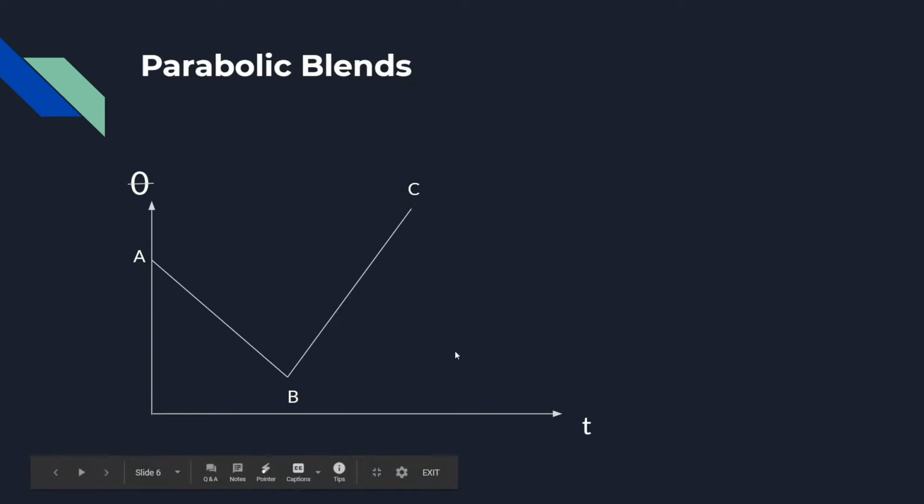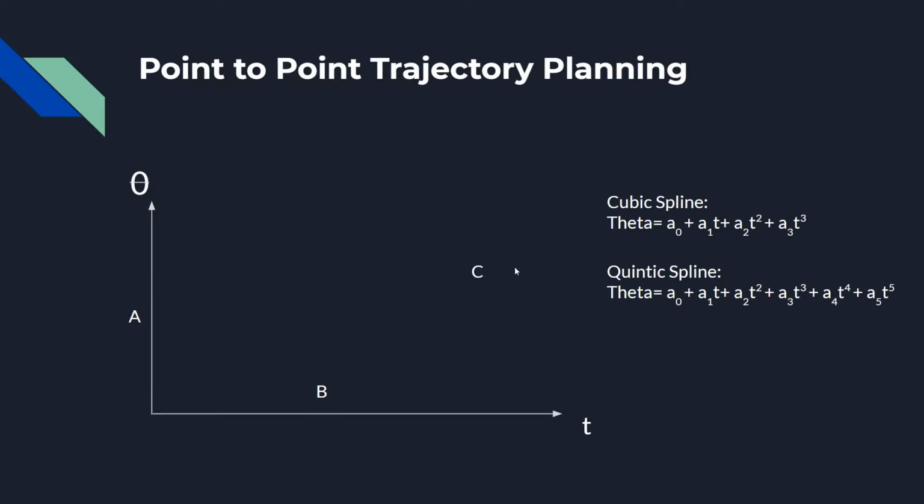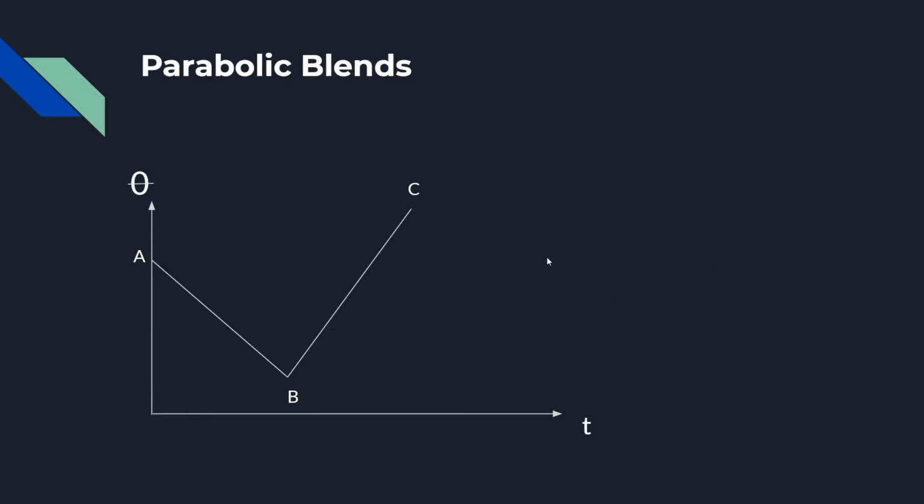So we went through something called parabolic blends. Maybe cubic splines would require a cubic equation, which is pretty big. So to change direction, we knew that the smallest possible equation that we could use was the equation of a parabola. So we'd blend it in like this.